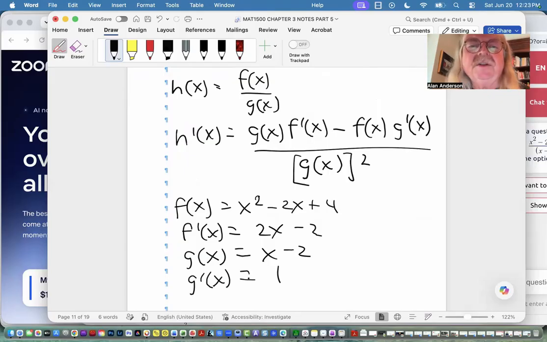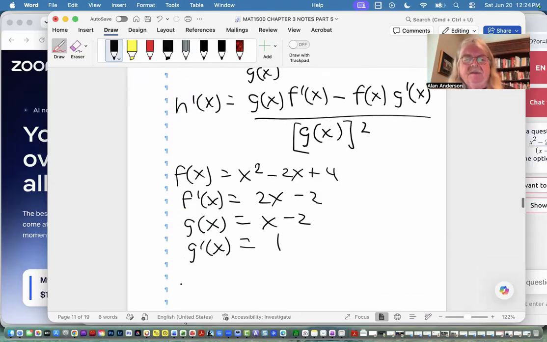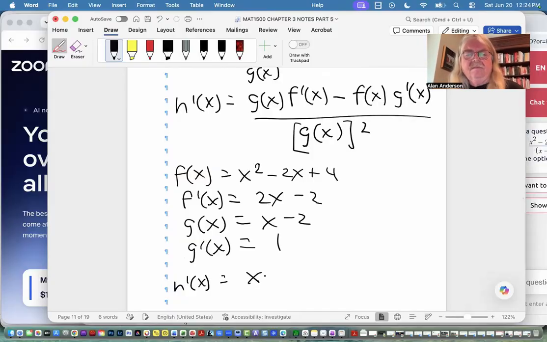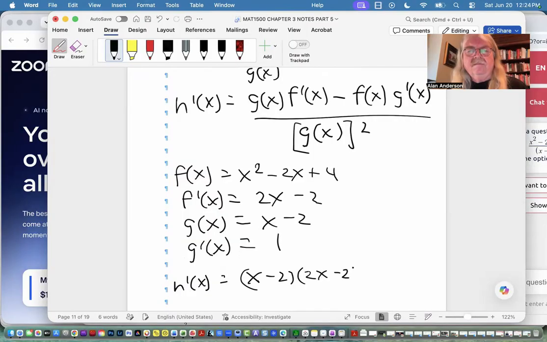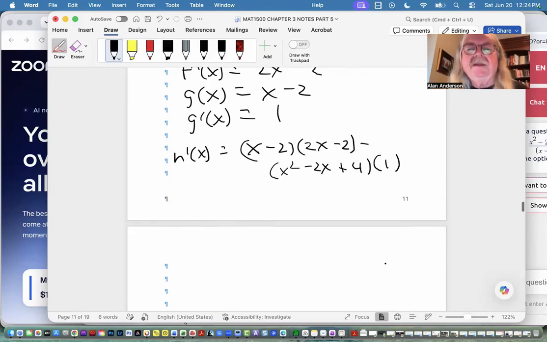So we do all the substitutions. All that gets divided by g of x squared.